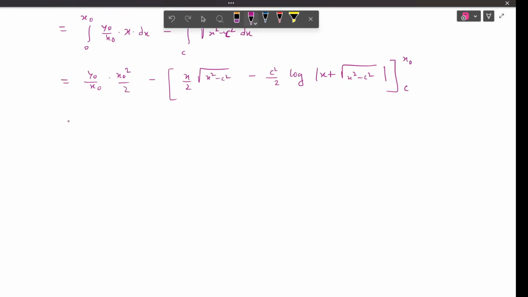So let us put the values. This would be 1, x naught will cancel out. This will be x naught y naught by 2 minus.